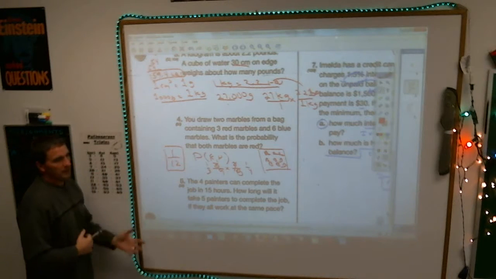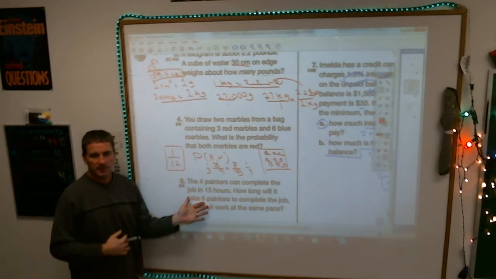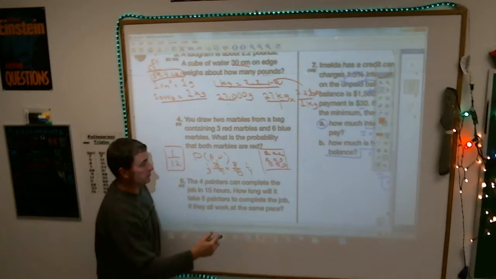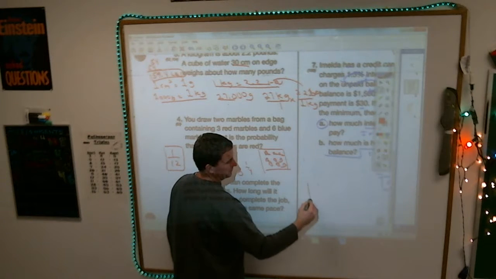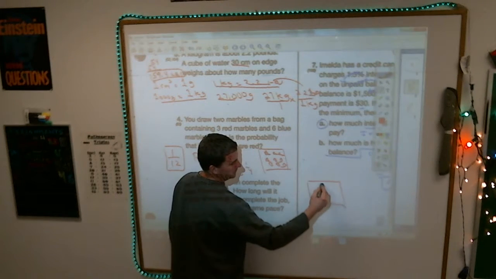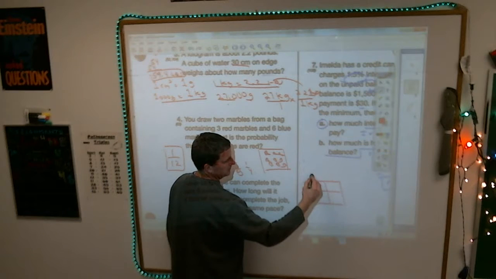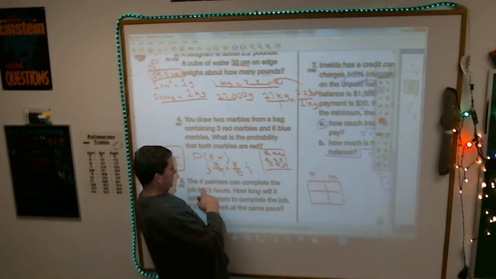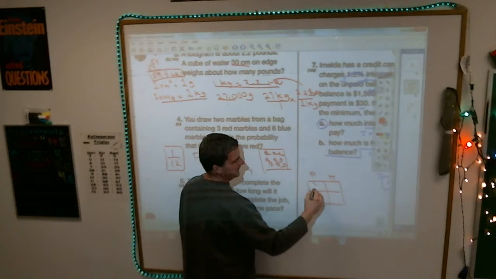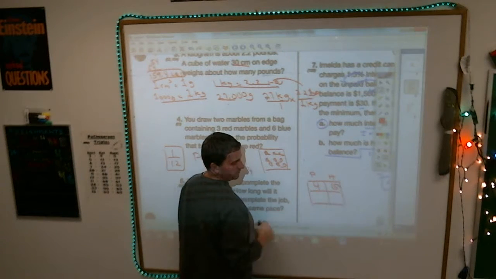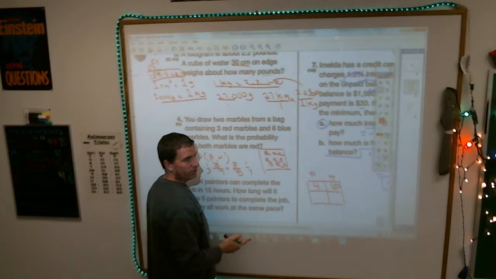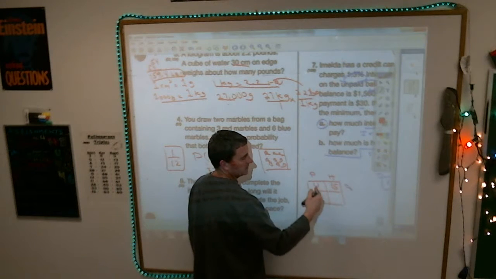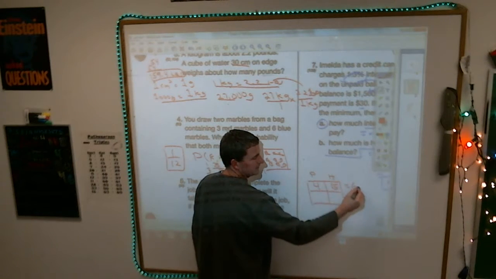Number 5. This is an example of what? Inverse variation. If I'm doing this one, the first thing I do is this. I'll make myself a table. And it says, this is painters and this is hours. If 4 painters can do it in 15 hours, that means if it's inverse variation, everything always has to end up being 60.